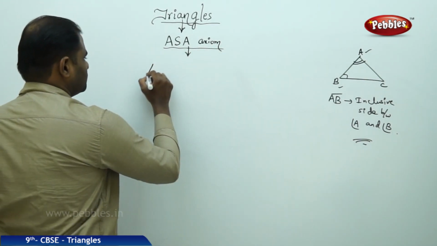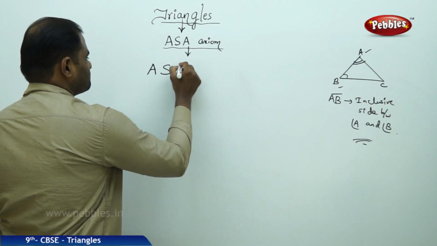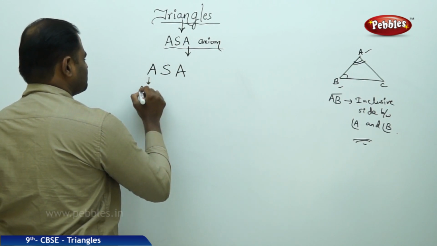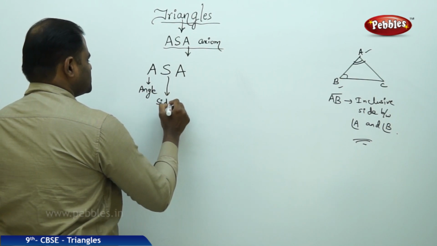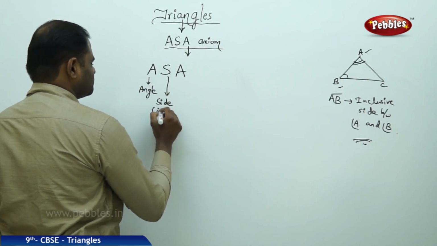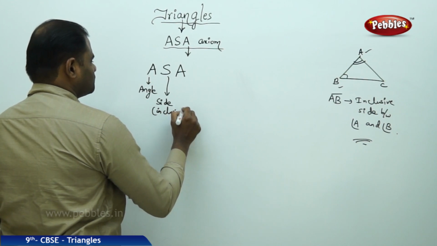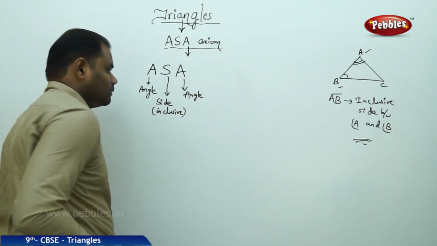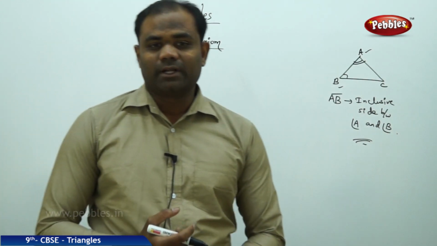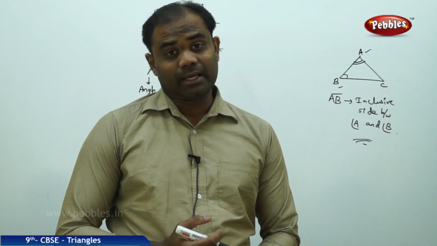A for angle, side inclusive, and this for angle, is how we understand the ASA axiom.